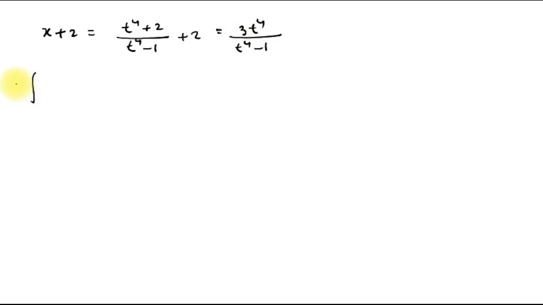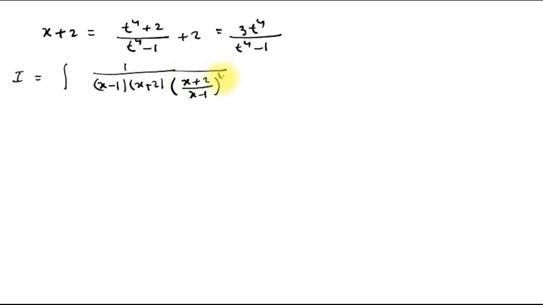So the integral can be written as I is equal to the integration of 1 over (x minus 1) into (x minus 1) into (x plus 2) into ((x plus 2) divided by (x minus 1)) to the power 1 by 4 dx.